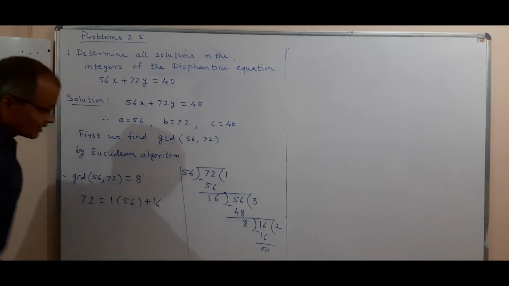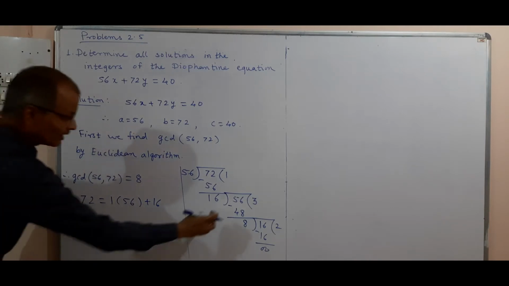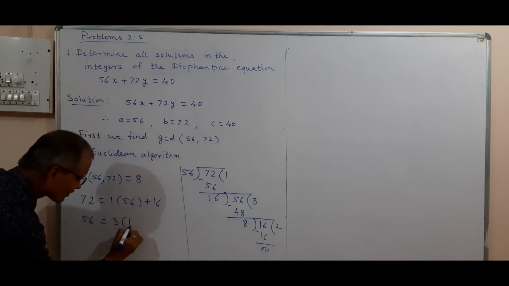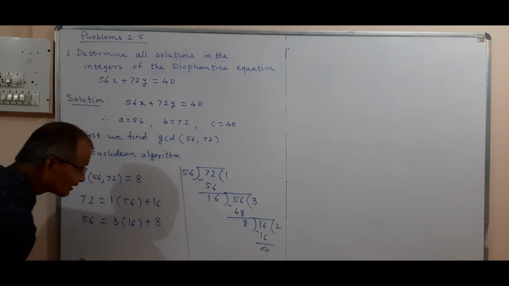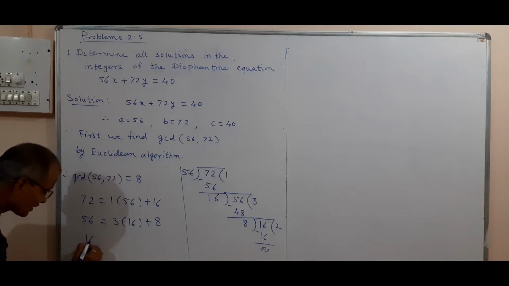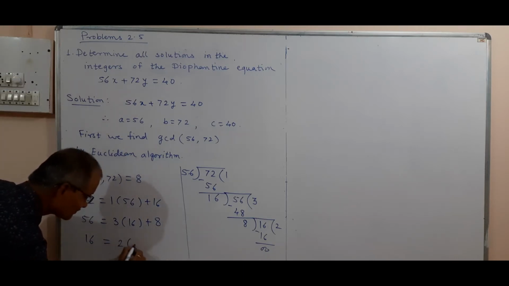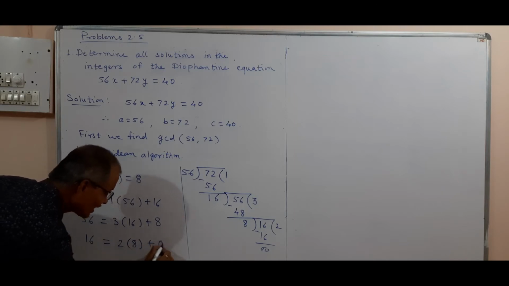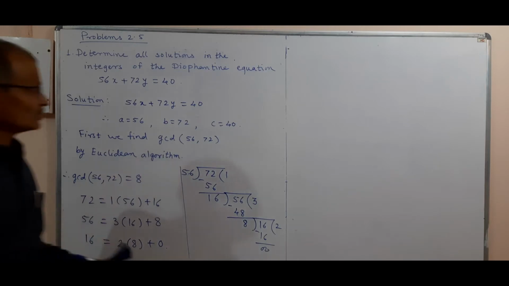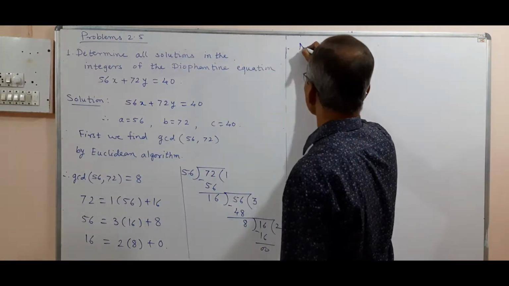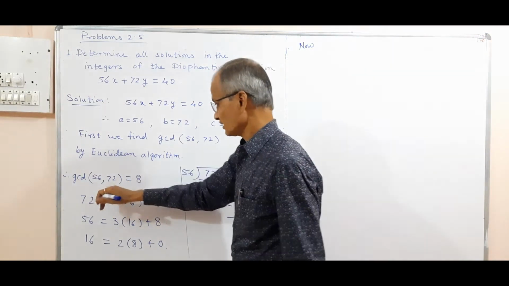Next, 56 is equal to 3 into 16 plus 8, and further 16 is equal to 2 into 8 plus 0, and the last non-zero remainder is 8. Now this 8 is to be expressed as a combination of 56 and 72.